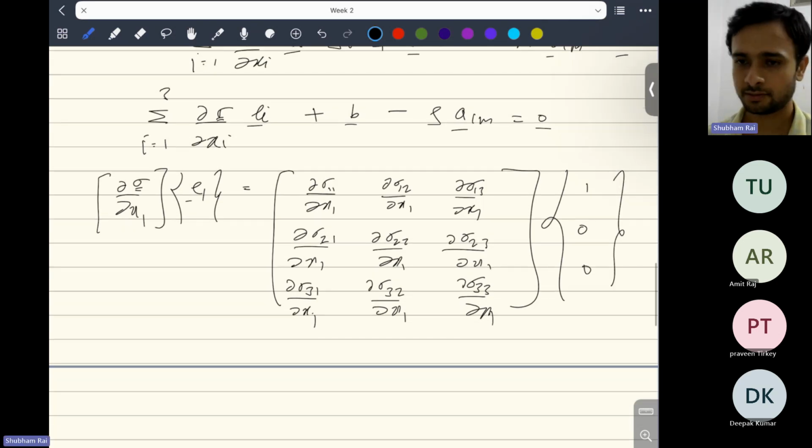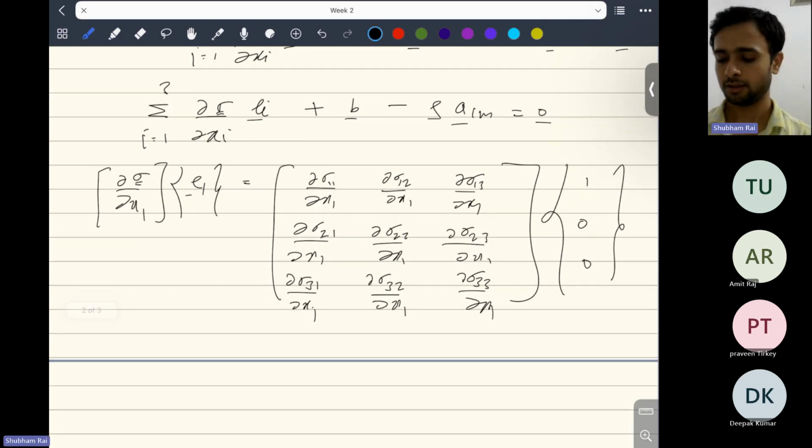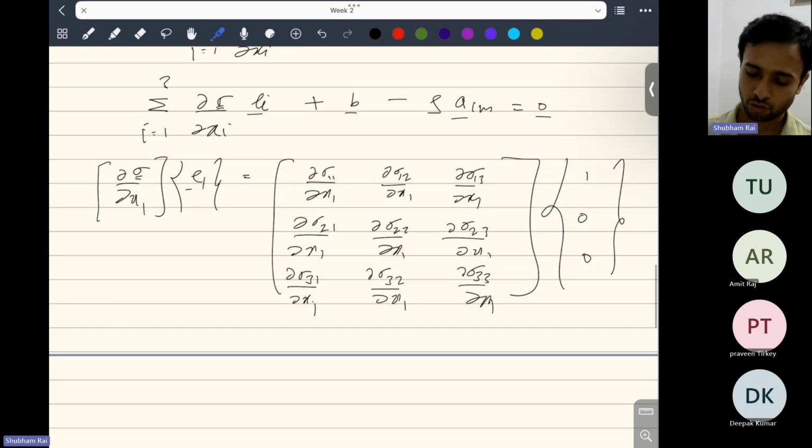Because that is in direction 1. So if you multiply, you will get the first column of this matrix. Similarly, if you find del sigma by del x2 and multiply with E2, you will get the second column of that matrix. And similarly, if you find del sigma by del x3 and multiply with E3, you will get the third column of that matrix.